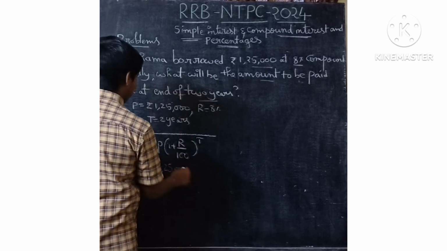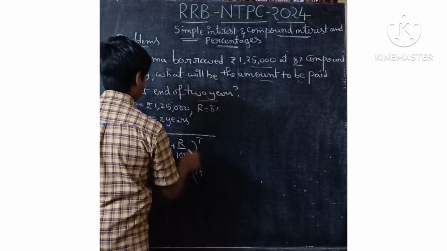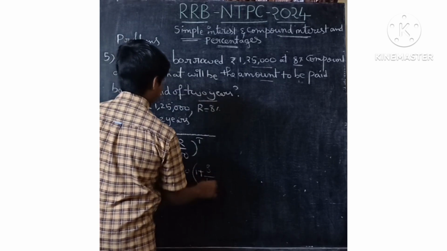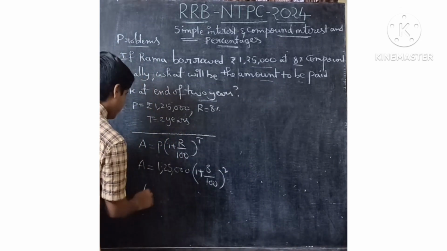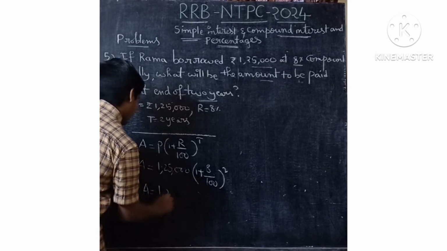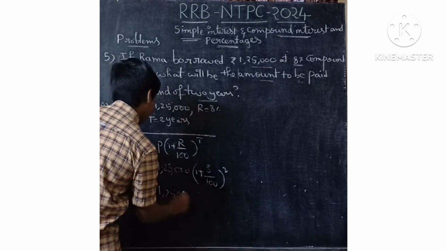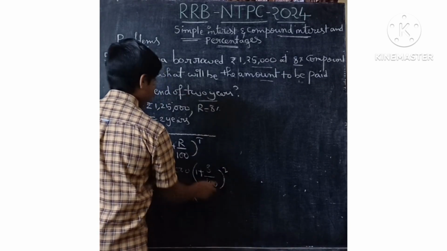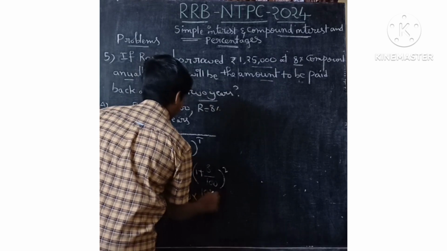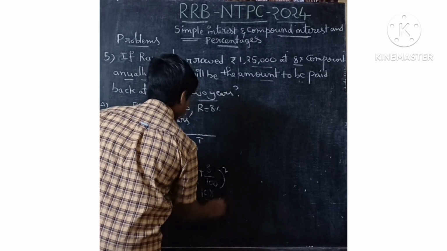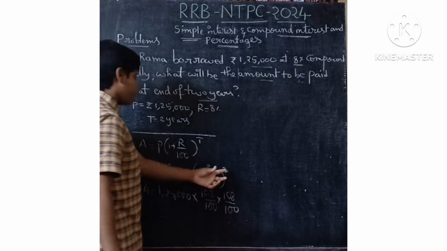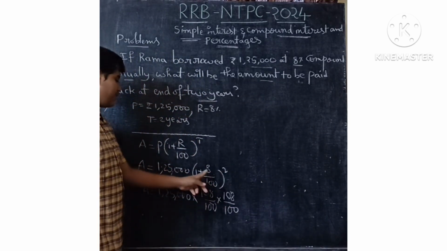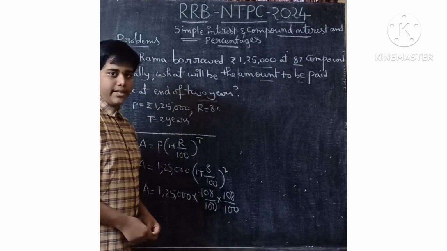So amount is equal to 1,25,000 into (1 + 8/100) whole square. So the amount will be 1,25,000 into 108 by 100 into 108 by 100, because this is in square, and if we take the LCM, the numerator will be 108.